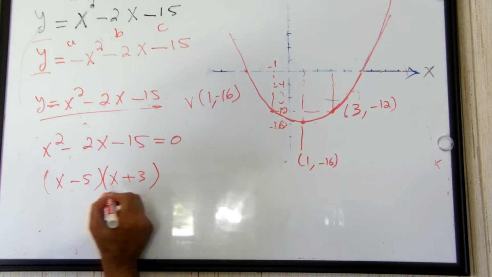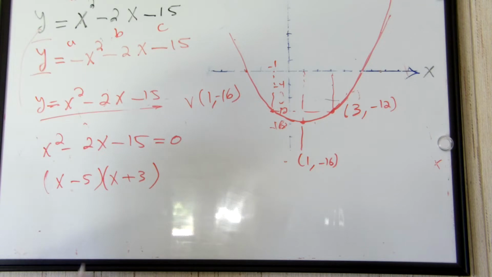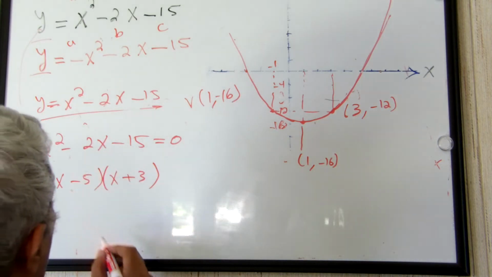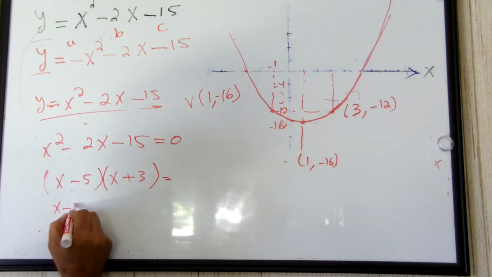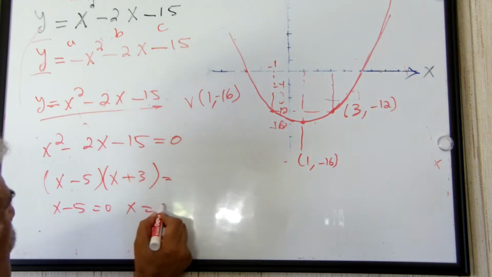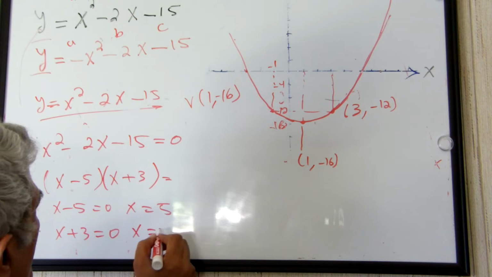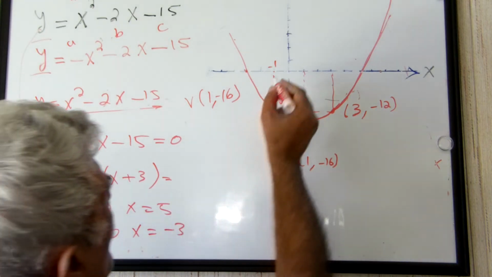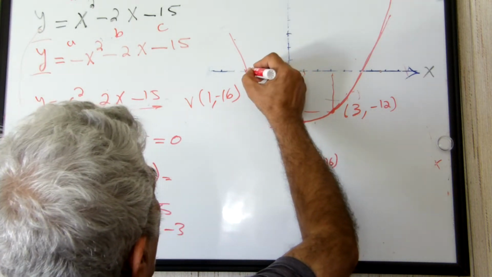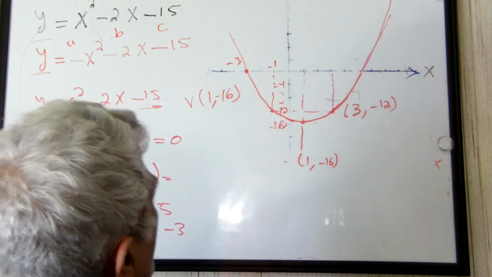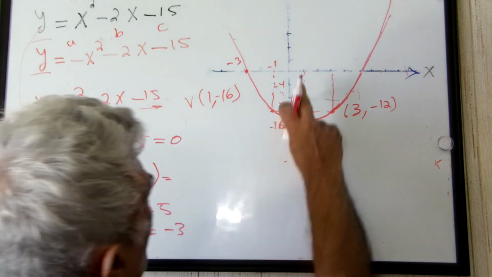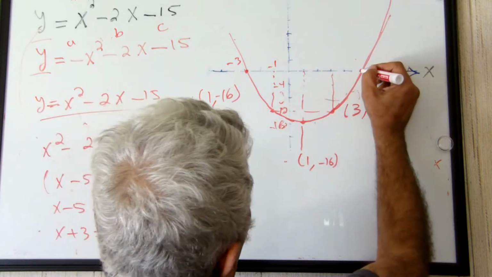If you add them, minus 5 plus 3 is minus 2. So x minus 5 is equal to 0, x is equal to 5, and x plus 3 is equal to 0, x is minus 3. So 1, 2, 3, actually minus 3 intersects here, and 1, 2, 3, 4, 5.